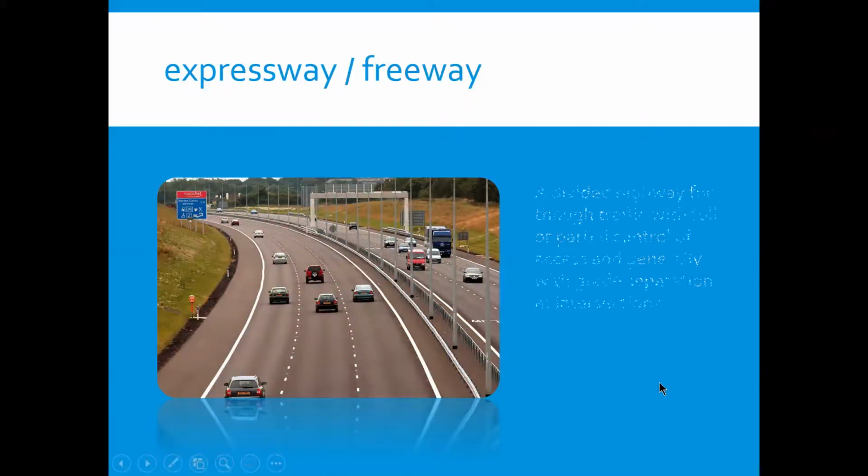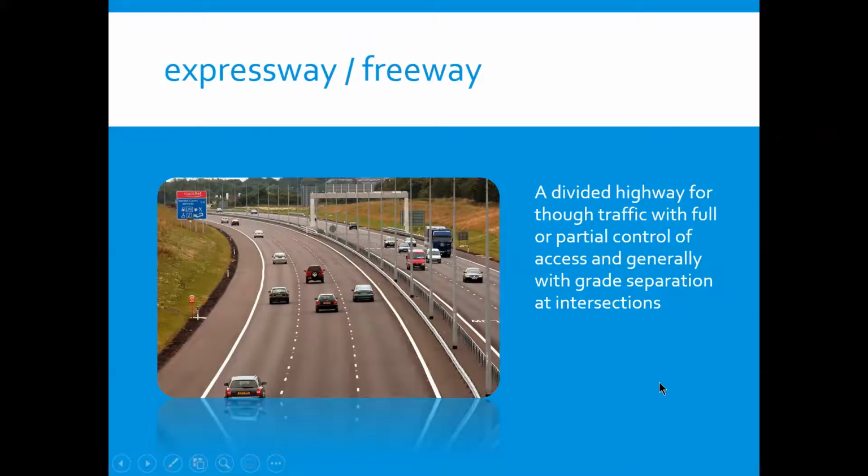There's no difference. The fundamentals are the same. A divided highway for through traffic with full or partial control of access, and generally with grade separations at intersections. In other words, it's a roadway that would allow a free traffic flow.